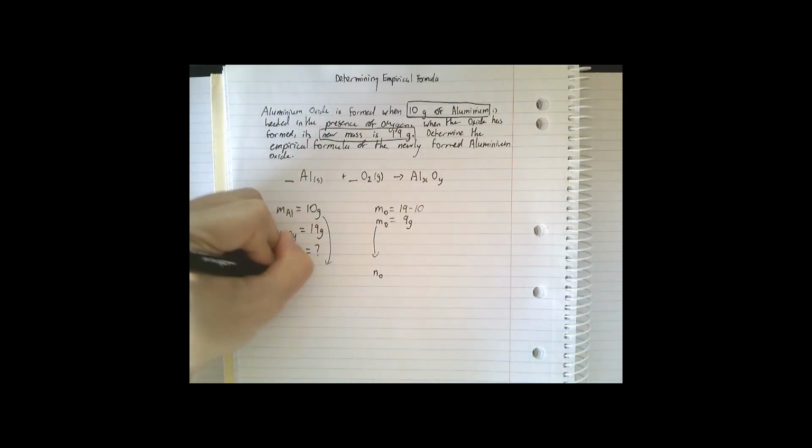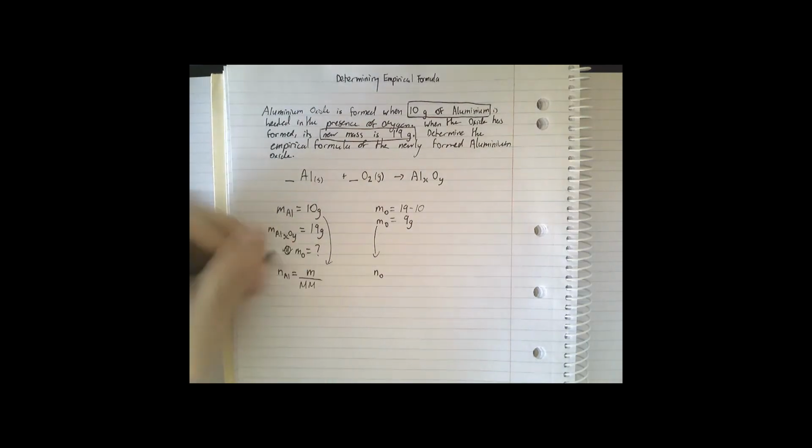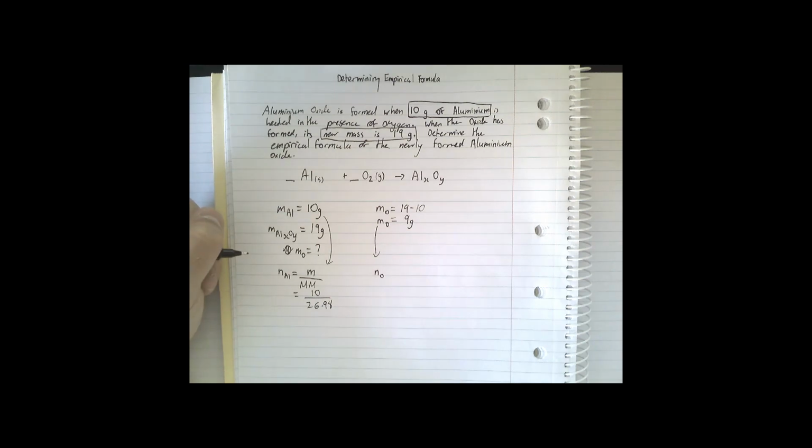So the number of moles of aluminium reacted is going to be the mass of the substance reacted divided by its molar mass. So we already know that the mass is 10 grams and that the molar mass, if we were to look at the periodic table, is 26.98 grams per mole.